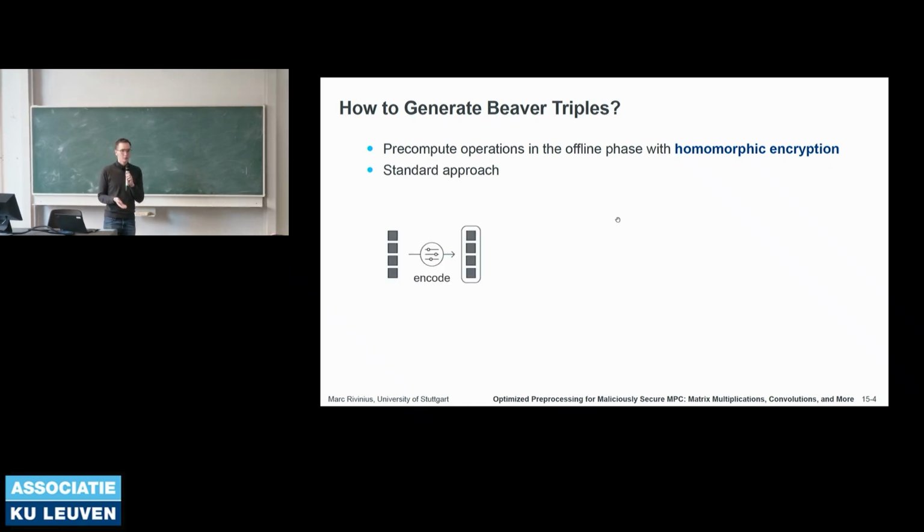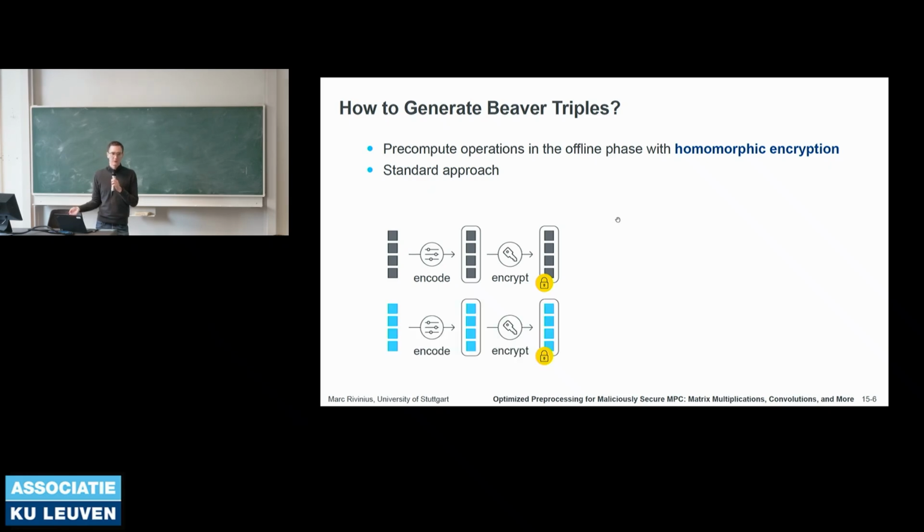So the standard approach basically just does that. You have some input vector. You need some way to encode it in something that you can encrypt. You do it for a second vector. So these can be the A and B for our triples. Then you can do SIMD operations usually in homomorphic encryption.